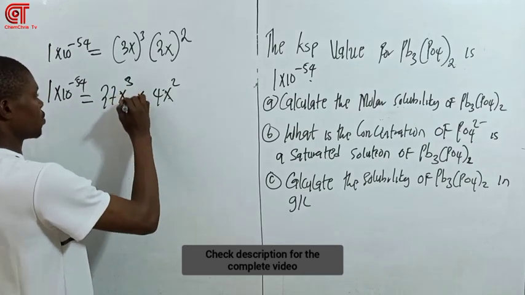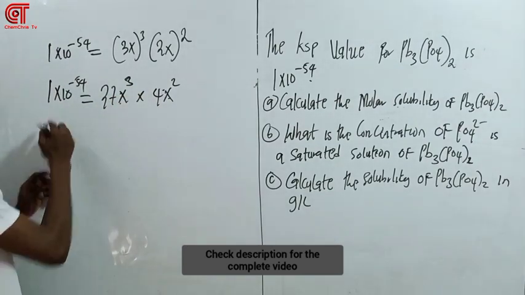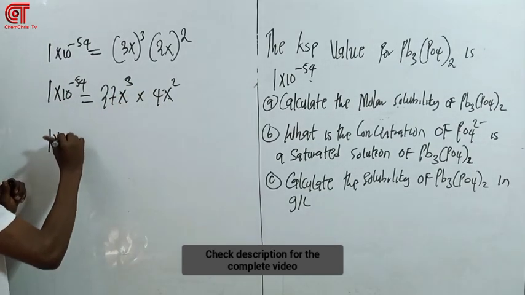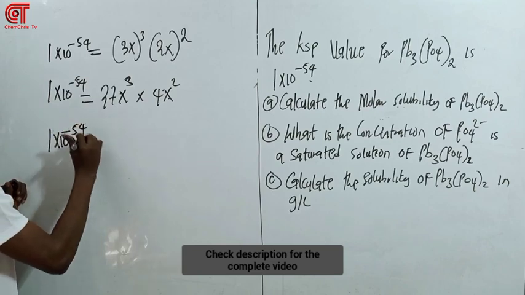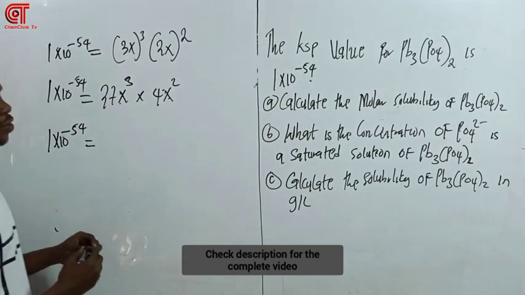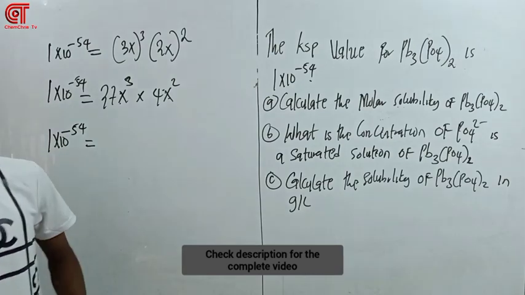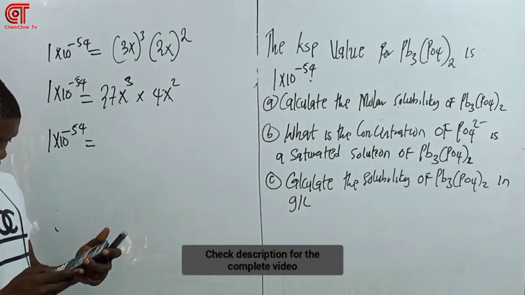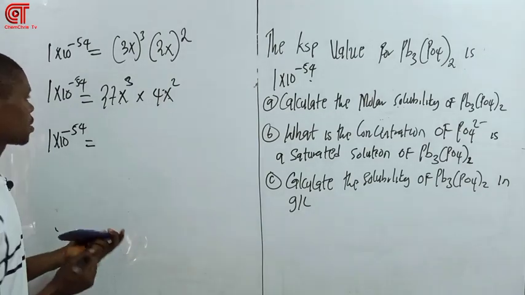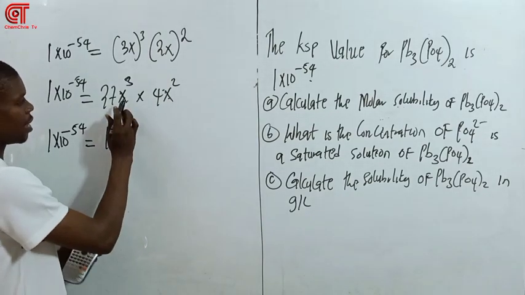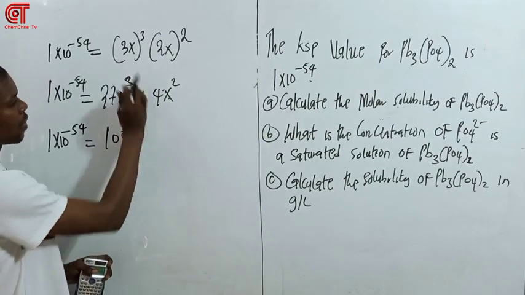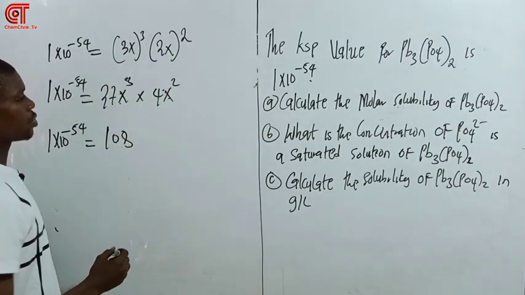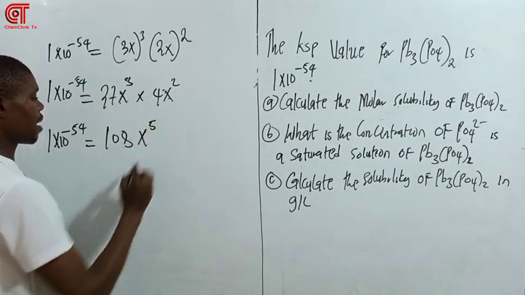So 1 × 10^-54 equals 27 times 4. What is that? Please do it for me. 27 times 4 is 108. Then x, remember, the two have the same base, so you have to add the powers together, so it will be x raised to 5.